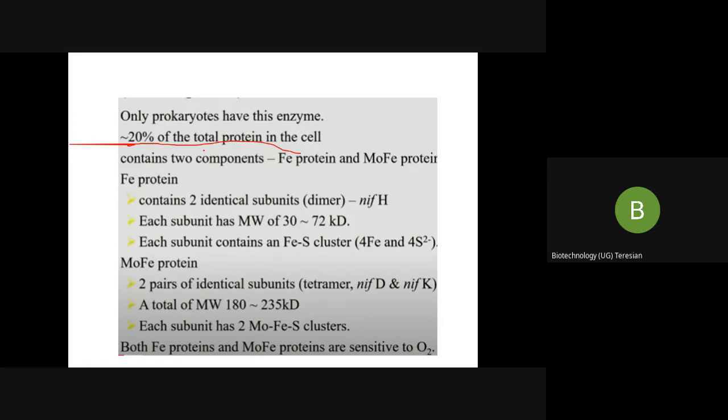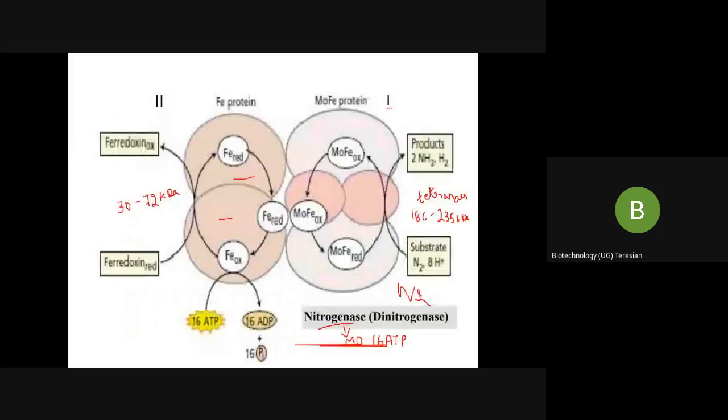It consists of two components, the iron protein, which was on this side, and the molybdenum iron protein. So this iron protein contains two identical subunits. We told it is a dimer. This one, it is a dimer.